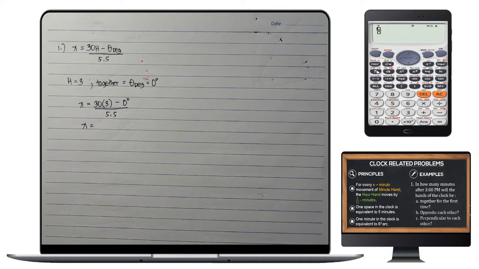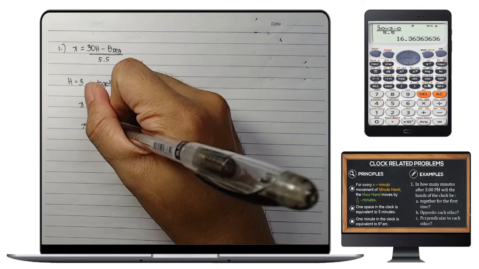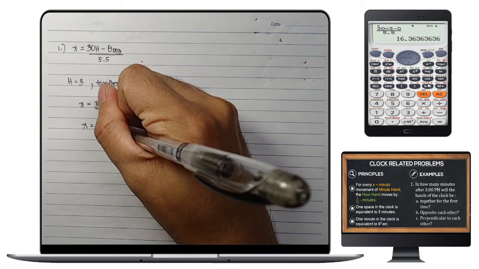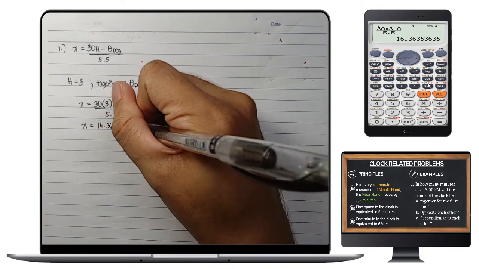So, that is 30 times 3, then minus 0. Divide lang natin ang 5.5. Well, so pag lumabas dito ay positive, syempre positive yan, minus lang natin ang 0. So, we have 16.363636. So, x natin is 16.3636 minutes.